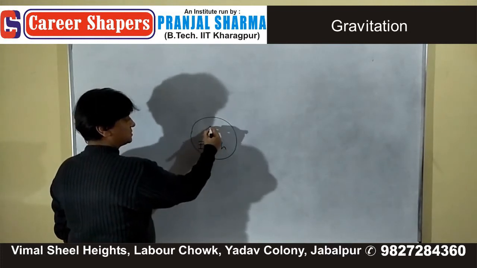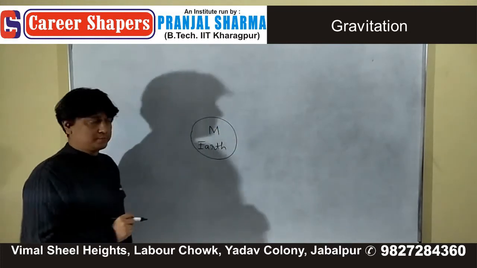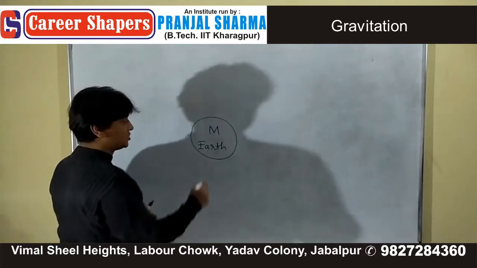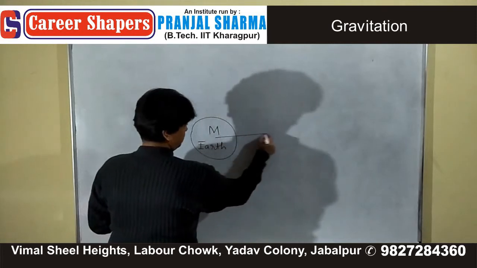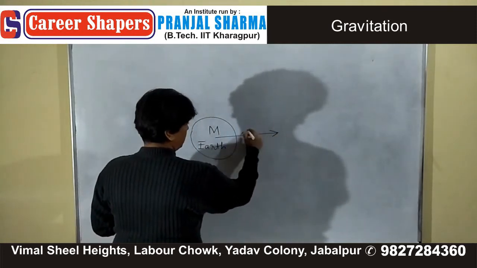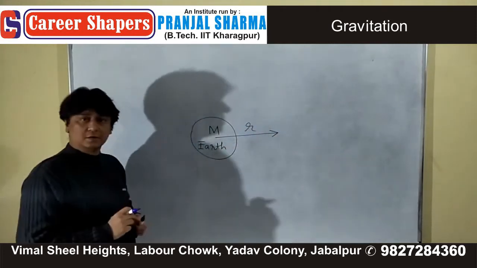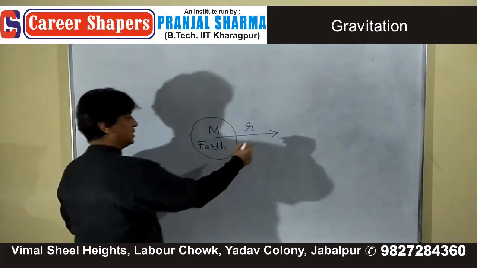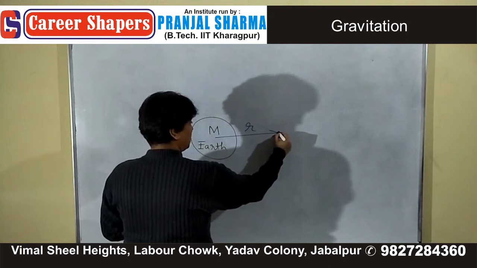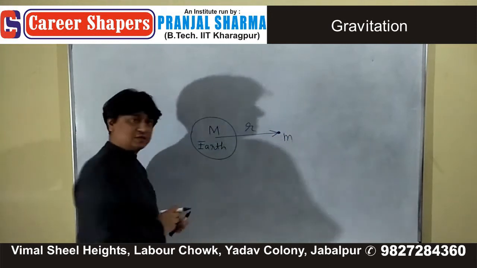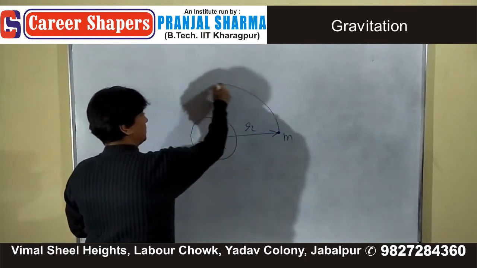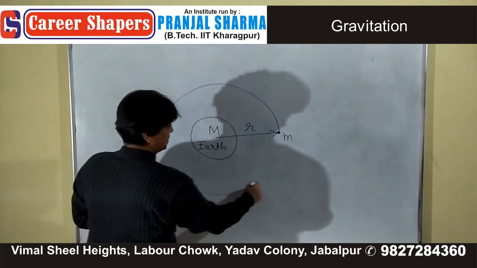Mass of Earth is M. A satellite is revolving at a distance of r, small r, from the center of Earth. Its mass is m. This is the circular orbit.